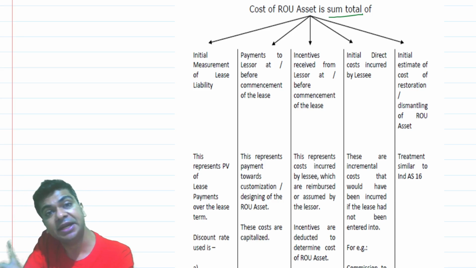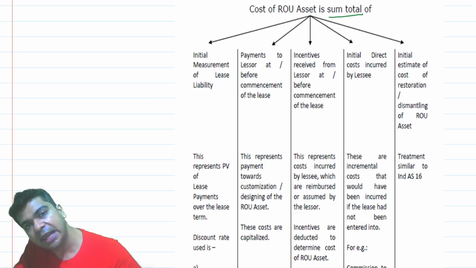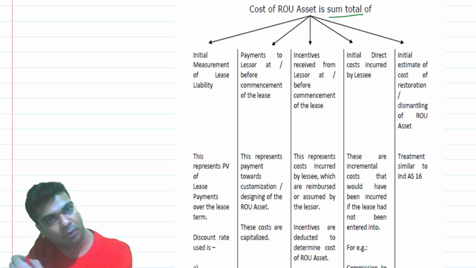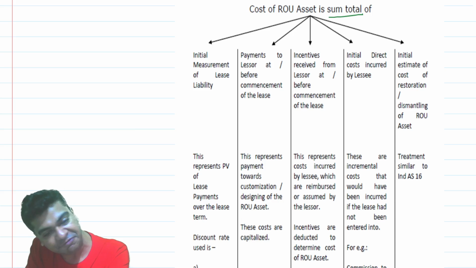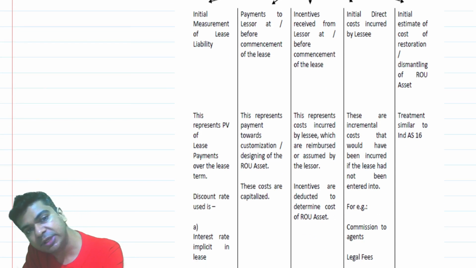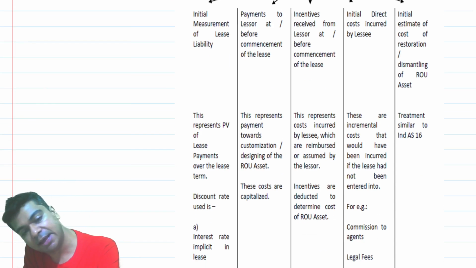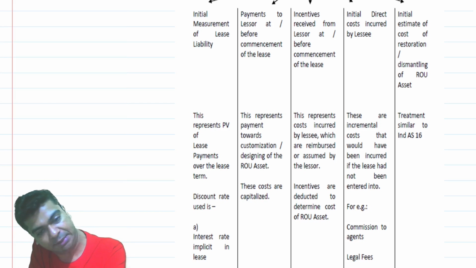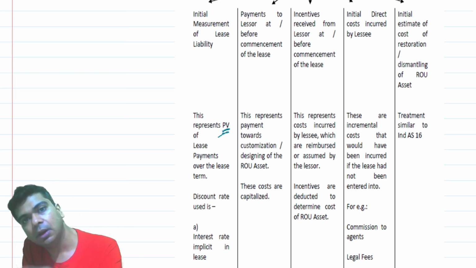We will be discussing at great length what items will be included when you are calculating the lease liability and what items shall be excluded. But right now you have to understand that the very first item that we will consider is the initial measurement of the lease liability. How will you get the lease liability? They say this represents present value of the lease payments over the lease term.